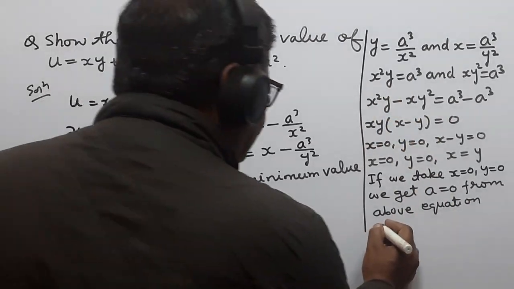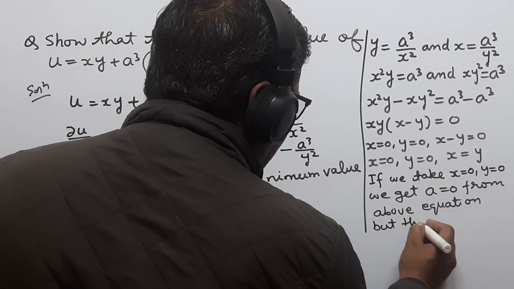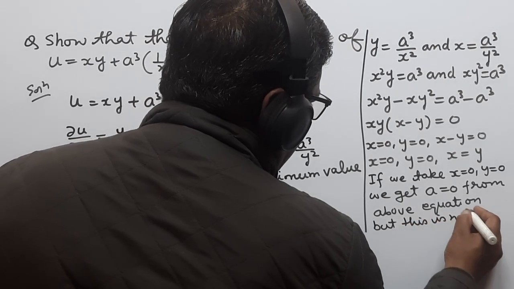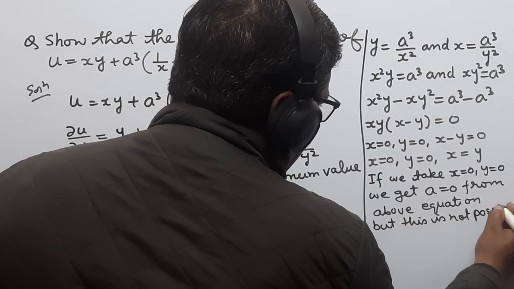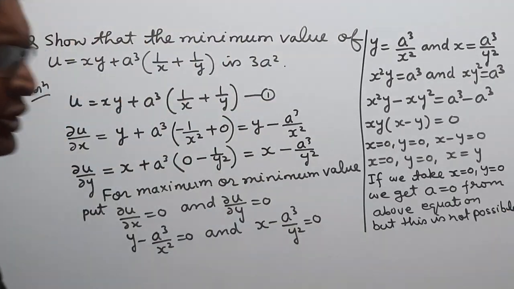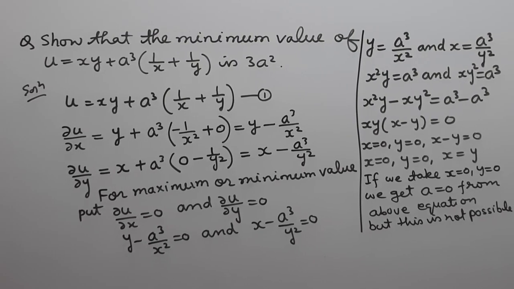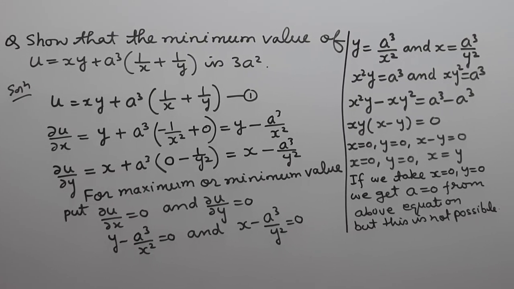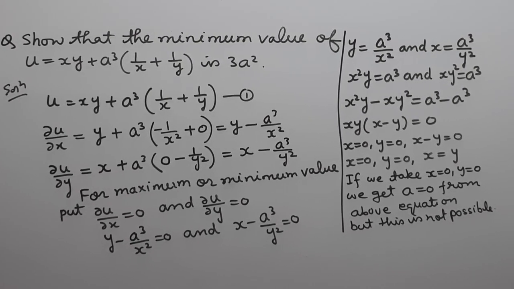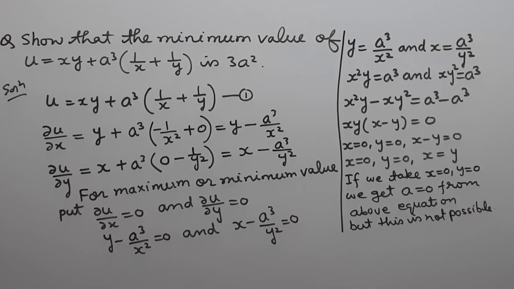But this is not possible. Here a cannot be 0. So when we put x = 0 and y = 0 in the above equation, we get a = 0, but a = 0 is not possible.